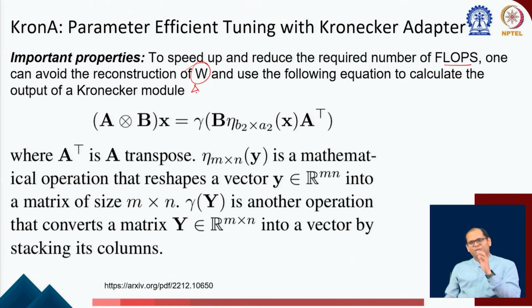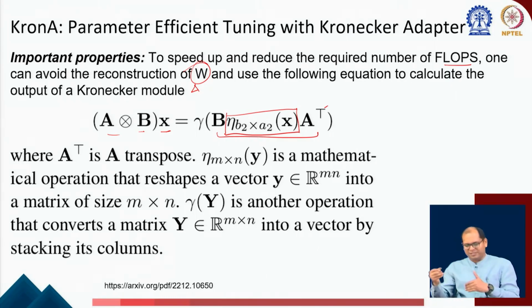Let's call it delta W to be consistent with LoRA, and use this important property of the Kronecker product. What is that? If you have A Kronecker B multiplied with the vector x, that is the same as, let's read inside the bracket first, A transpose applied to a particular operation over x.